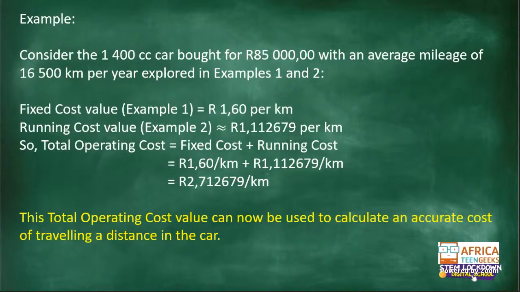We did this in an example with the same car, with an engine capacity of 1,400 cc, bought for a particular amount of 85,000 rand.